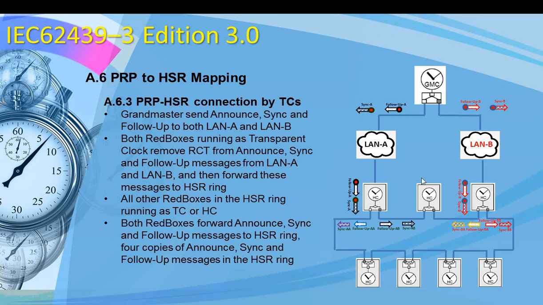These two transparent clocks forward all the messages received to port A and port B. So both transparent clocks forwarded all the messages, and in the HSR ring we can find 4 copies of each message. So at the bottom, the hybrid clock receives 4 copies of each message.